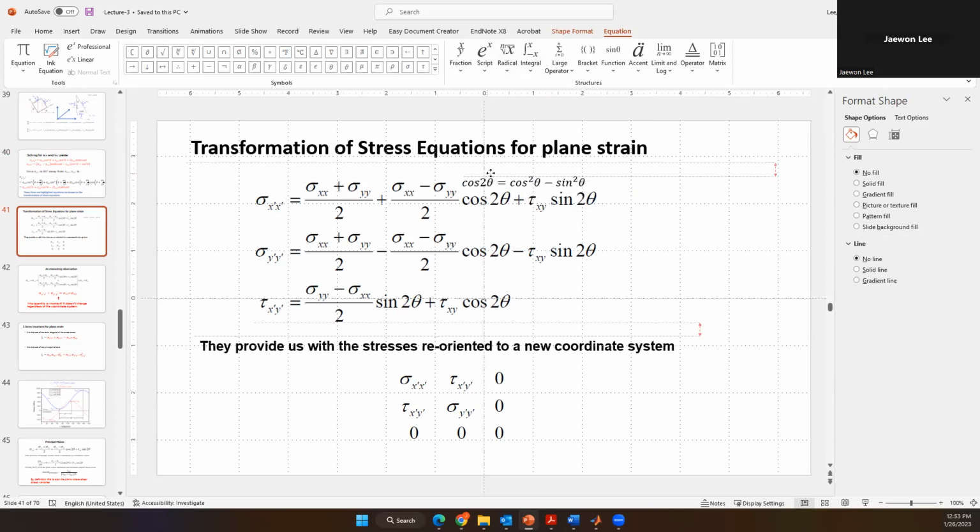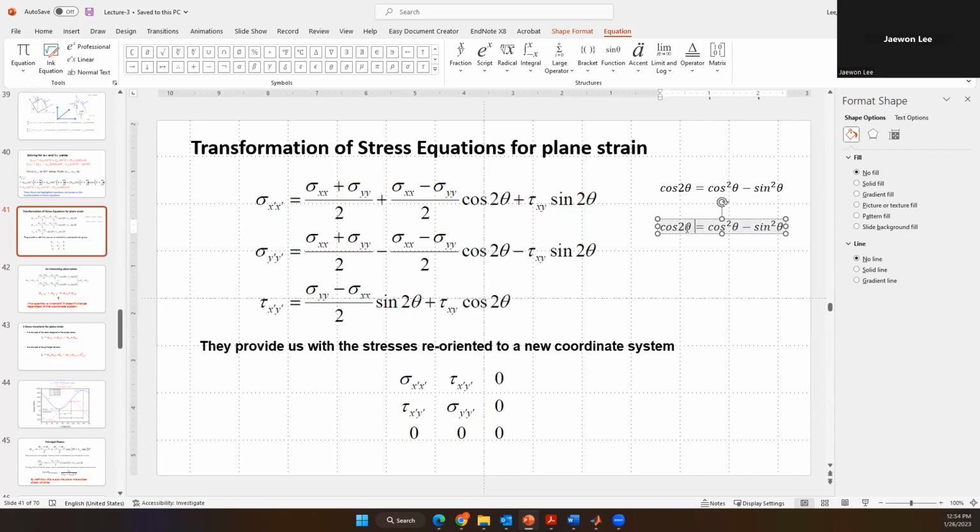So it is from here, and then you can multiply by one. One is related to this.